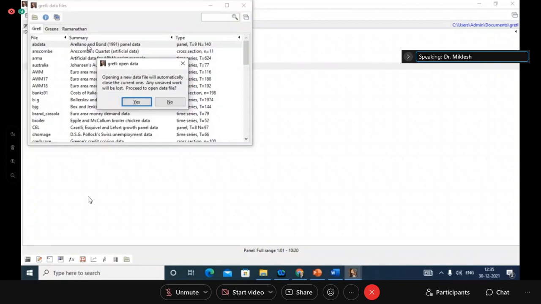The moment I click on this Arellano and Bond, it says opening a new data file will automatically close the current one, and any unsaved work will be lost. Proceed to open data file? I'm not going to save the existing work, so I simply say yes.